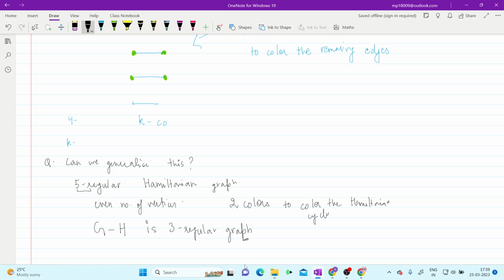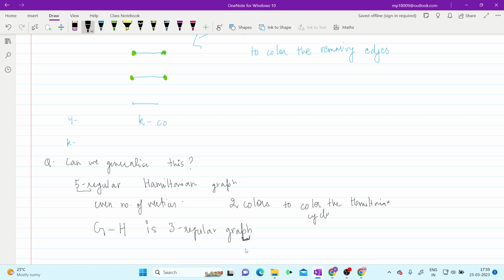So if it is becoming a 3 regular graph, then we cannot directly conclude what we will need.